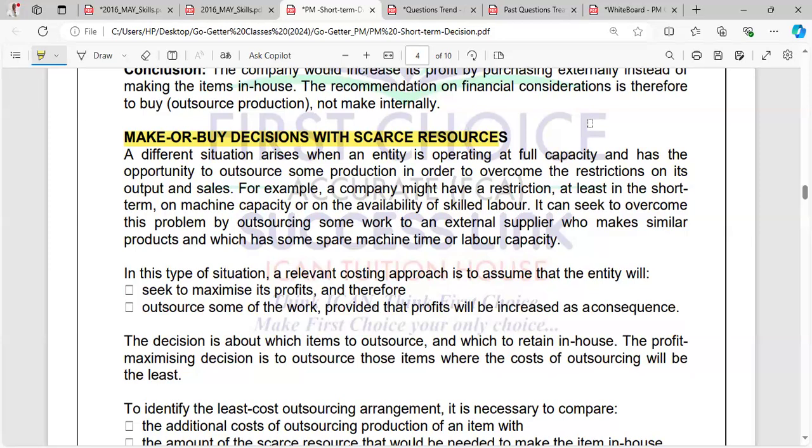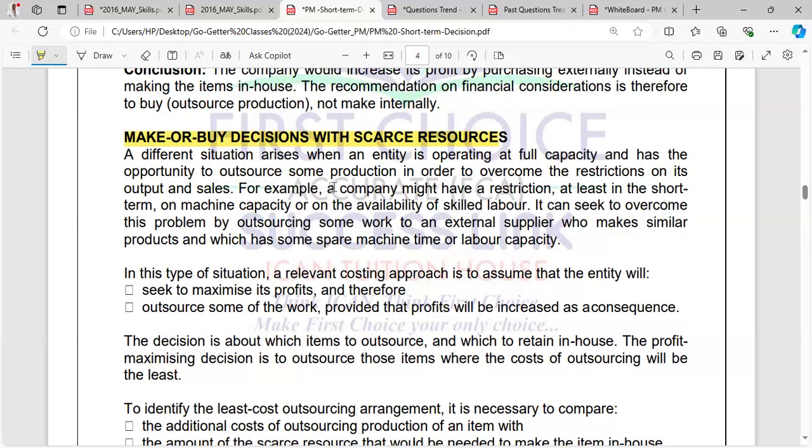You need to outsource. Now, the question is, which would you outsource and which would you want to do in-house? For example, a company might have a restriction, at least in short term, on machine capacity or availability of skilled labor. So you can seek to overcome this problem by outsourcing some of its work to an external supplier who makes similar products and has some spare machine time or labor capacity.